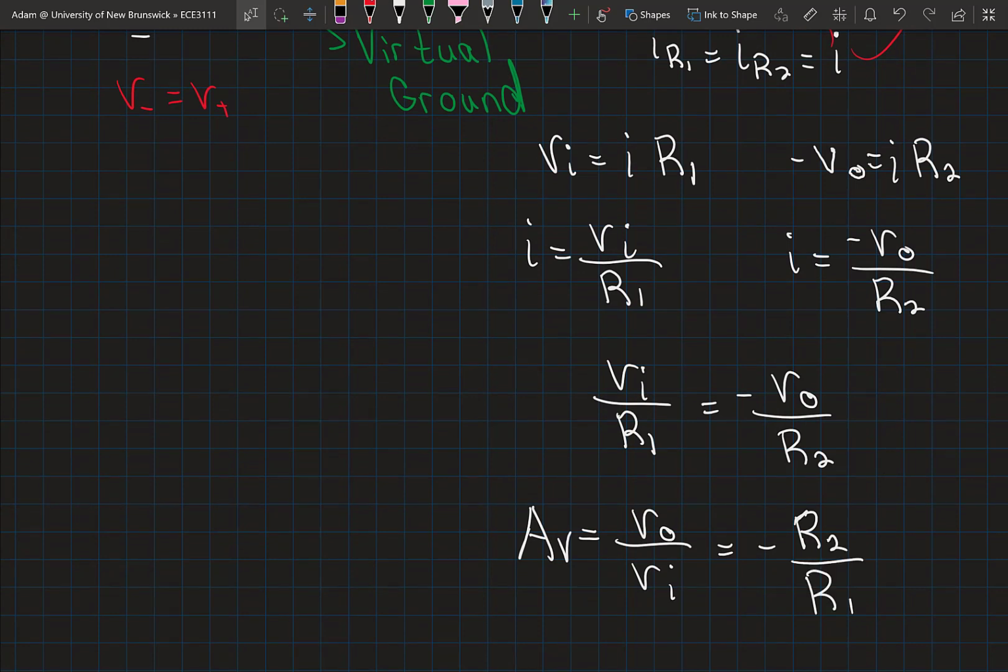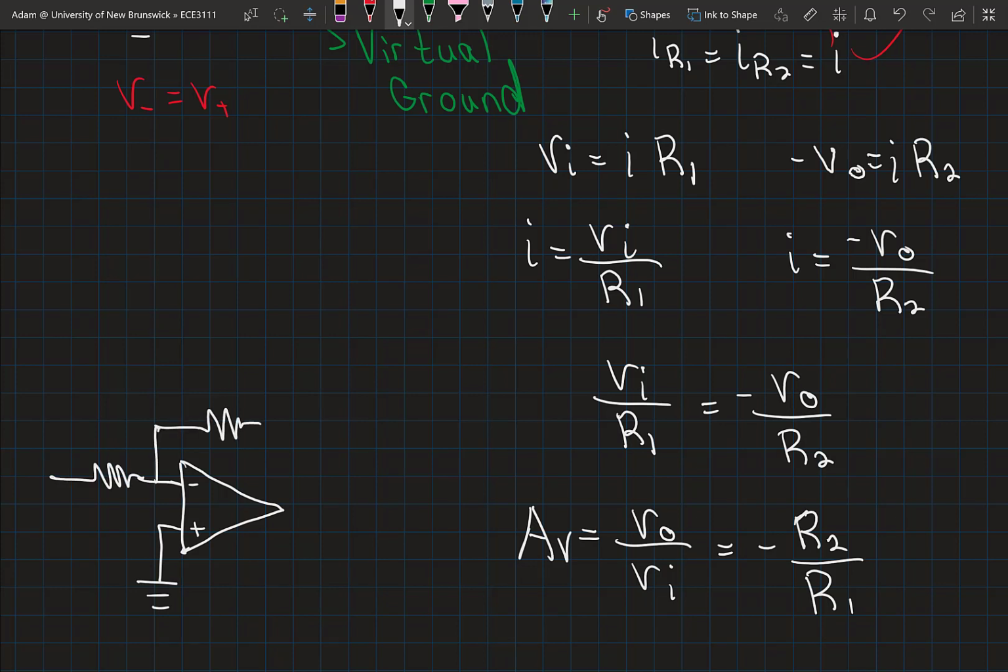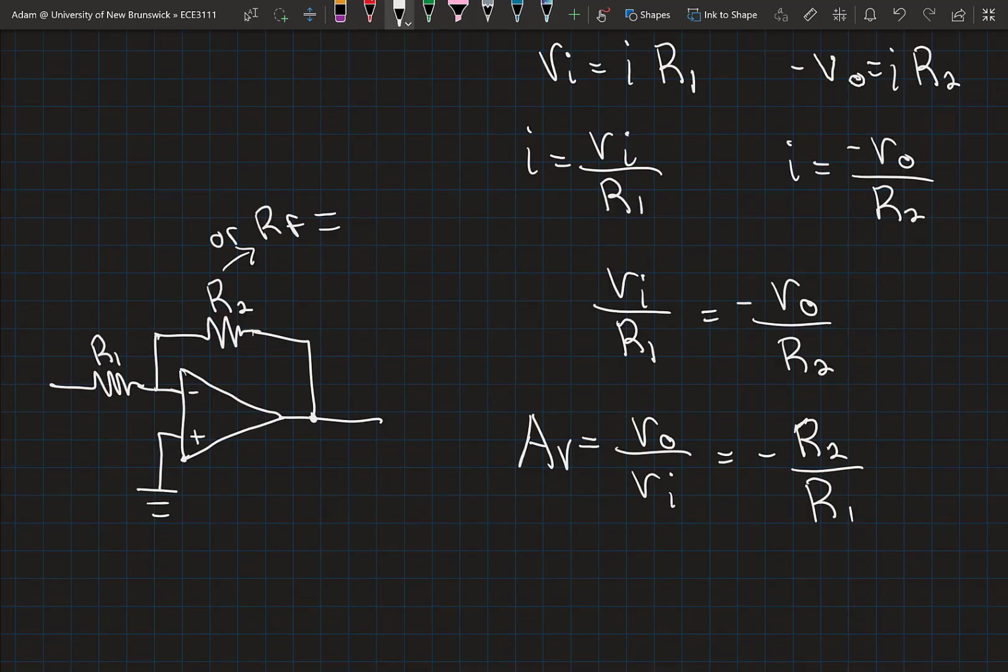Let me redraw the circuit again, because it's a very characteristic op-amp amplifier configuration. This is R1, this is R2. Sometimes this is referred to as RF, in which case my equation for gain would be minus RF over R1.